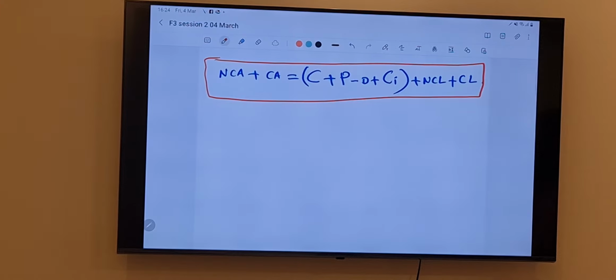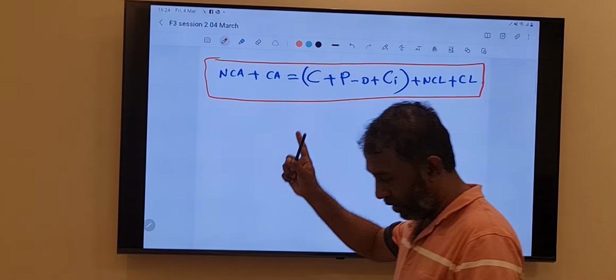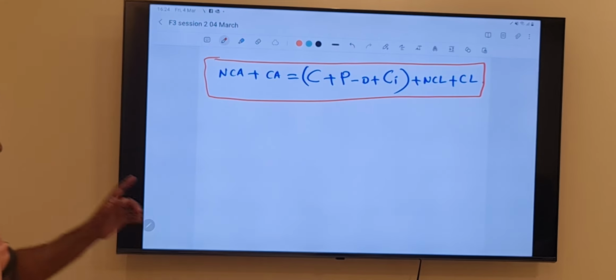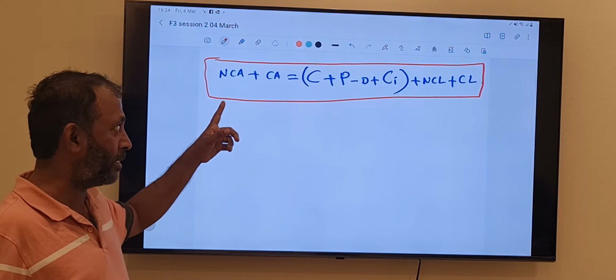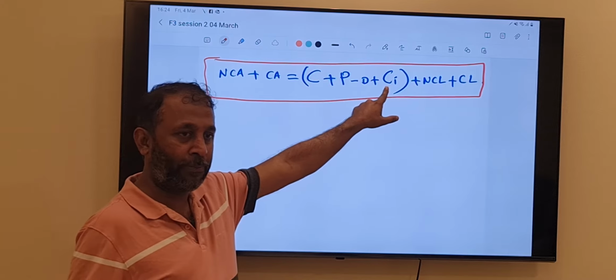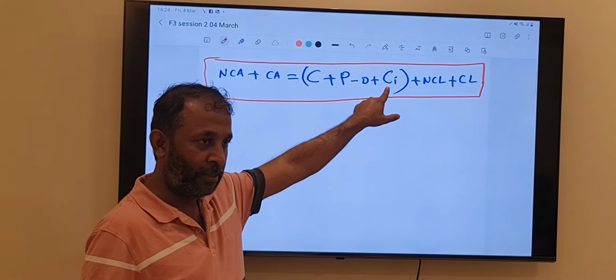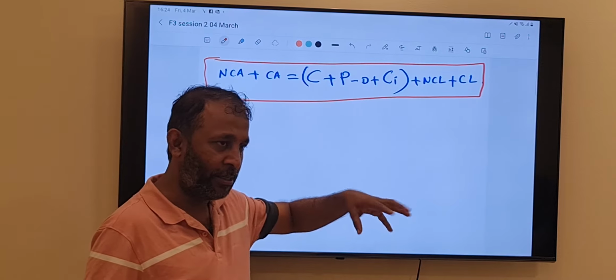Okay, so now this equation all of you remember, and we have done the last example. In the last class, the last example, we talked about capital introduced. Did we discuss that the owner brought additional capital?